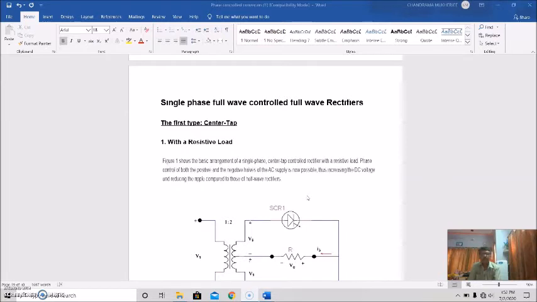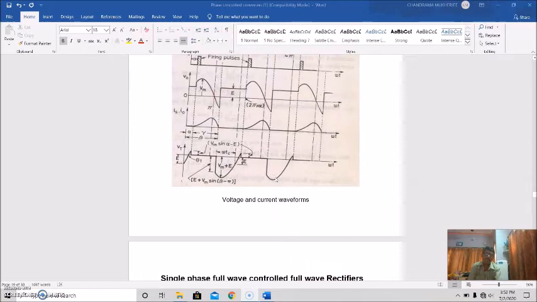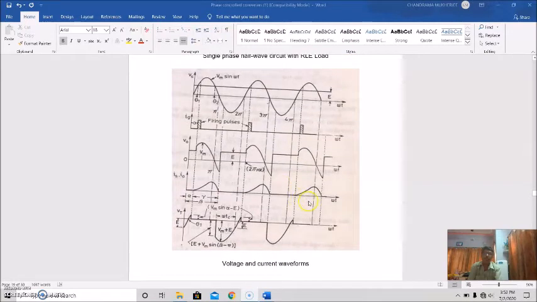And lastly we have discussed the operation of the single phase controlled half wave rectifier along with RLE load, and with this load how the source voltage waveform, output voltage waveform, output current, and the thyristor voltage waveform will be.